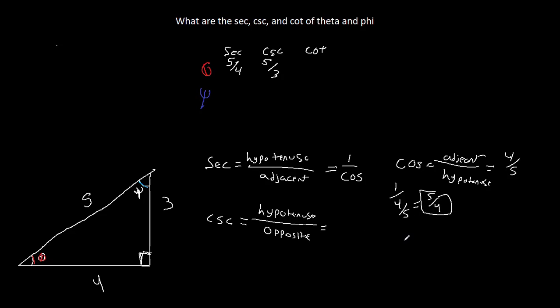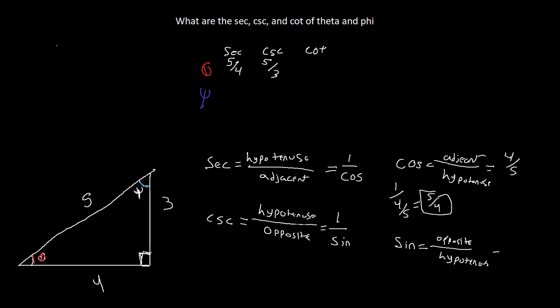And we can do the same thing we did with secant related to cosine. We can relate cosecant to sine. So if we remember sine, that's opposite over hypotenuse, and then we know the cosecant is equal to 1 over the sine.